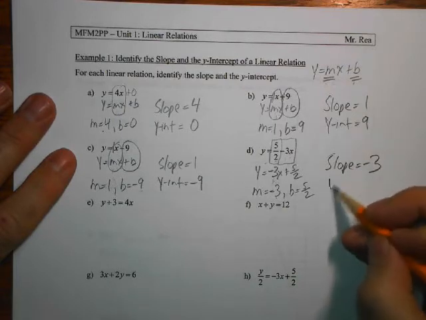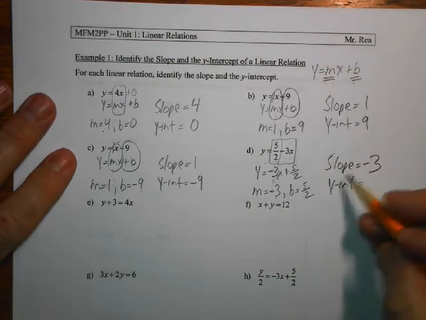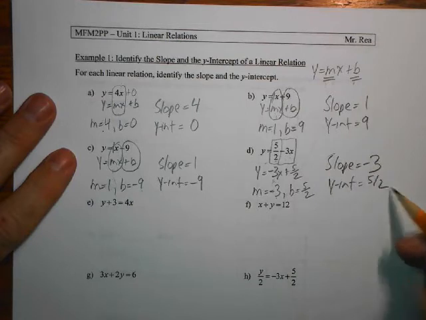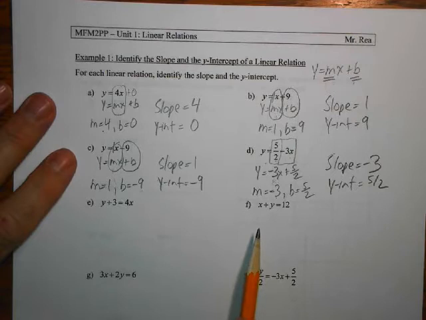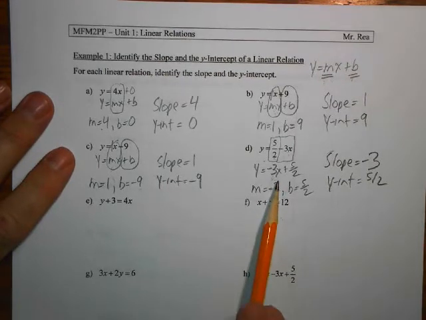And our y-intercept is whatever b is, so that's positive 5/2. Okay, so make sure you don't just sleepwalk through the question and pick whatever number is the first number and assume that's the slope. It's not always true. The slope is the number that's multiplying with x.